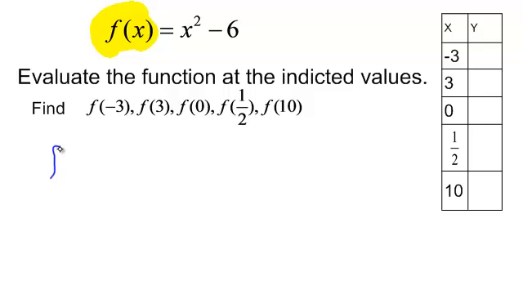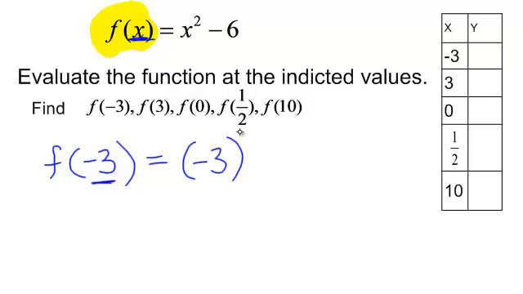F at -3, wherever I see x, I am now going to plug in -3. So I have x squared. That would be -3 squared minus 6. -3 squared is 9, and 9 minus 6 is 3.